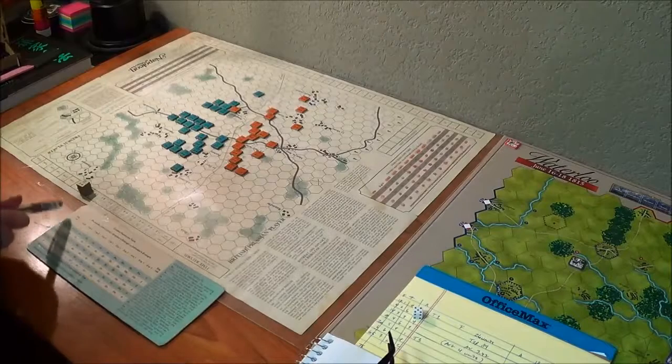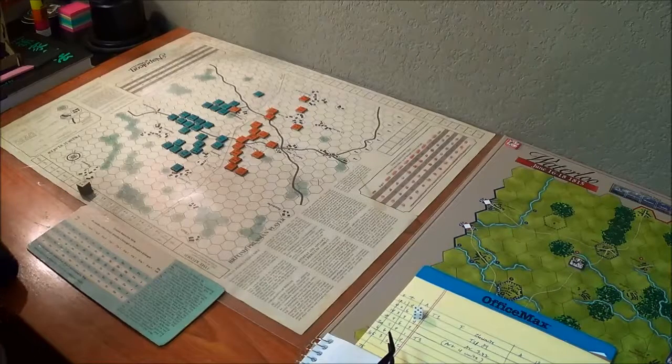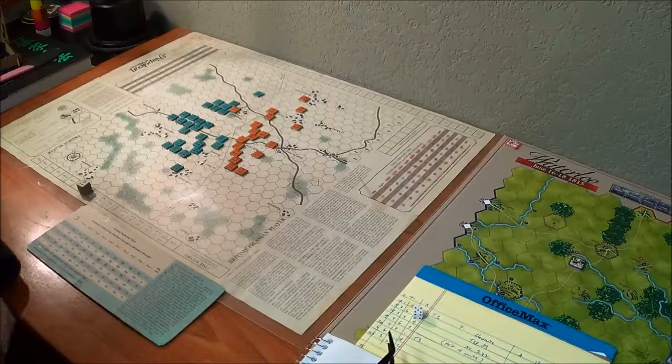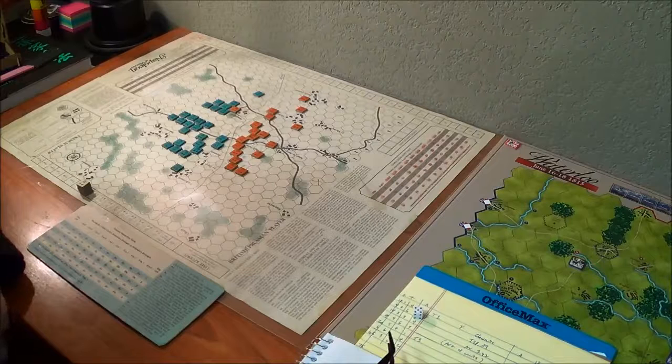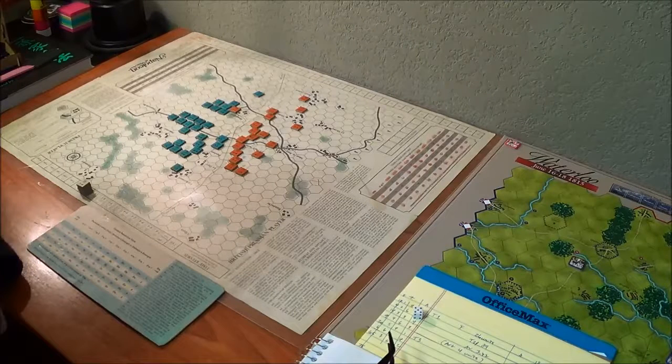On turn 3, the Prussians arrive. They add 9 units to their total, bringing it up to 27 versus the French player's 26. Among the 9 units, there are 2 artillery units.